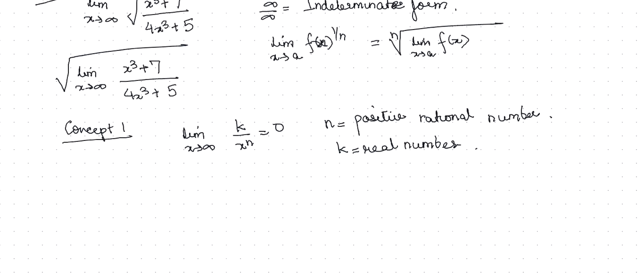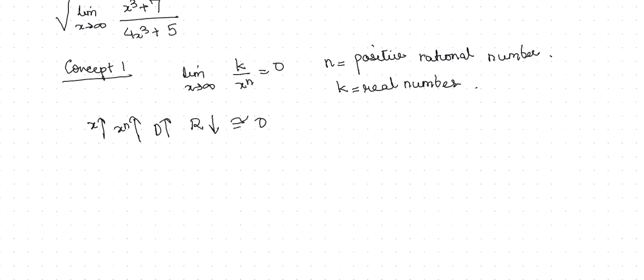In the denominator, as x increases, x^n also increases, and when we divide by an increasingly higher number, the result decreases and gets close to 0. That's why this limit is equal to 0.